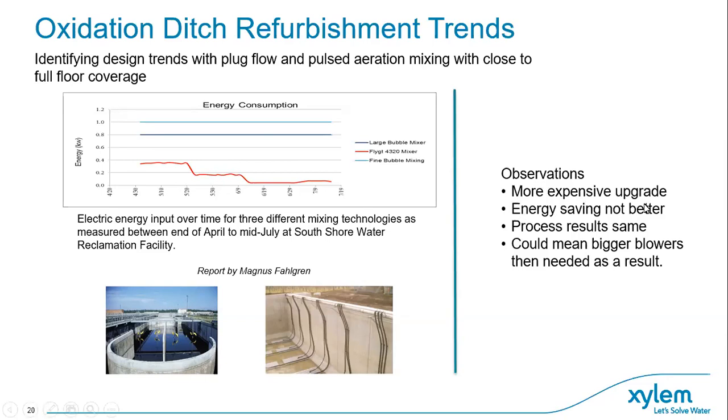So the observation is it's more expensive upgrades if you're rebuilding a system to this, and the energy savings are not better. There are claims that they are. Process results are the same. Could mean bigger blowers than needed as a result. So also capital cost could be higher looking at that type of system.